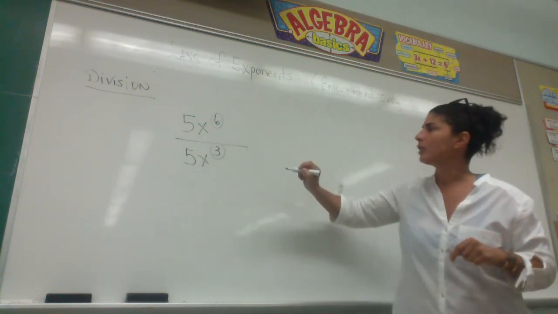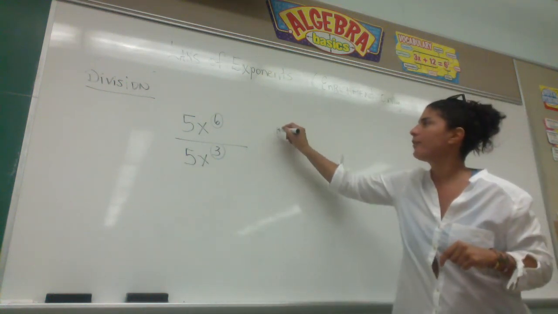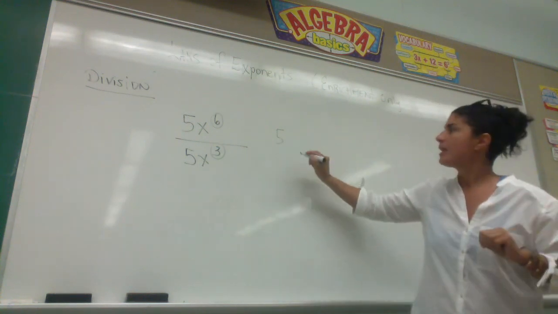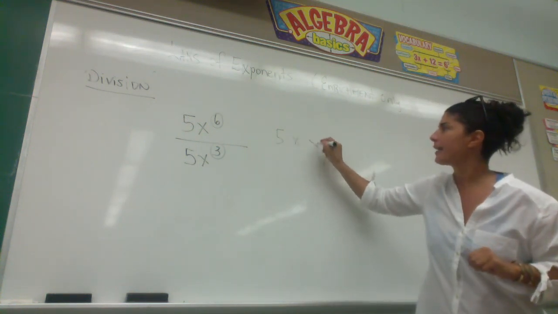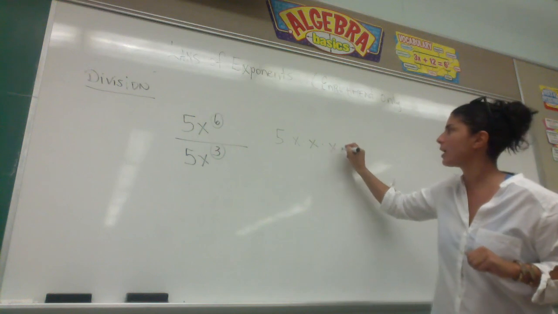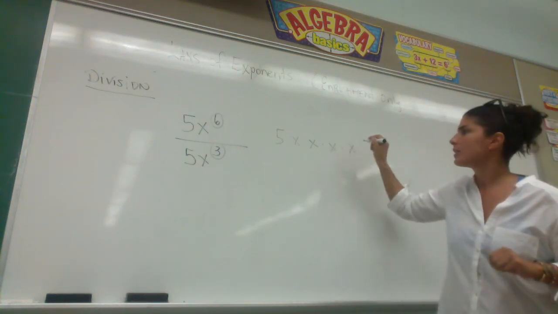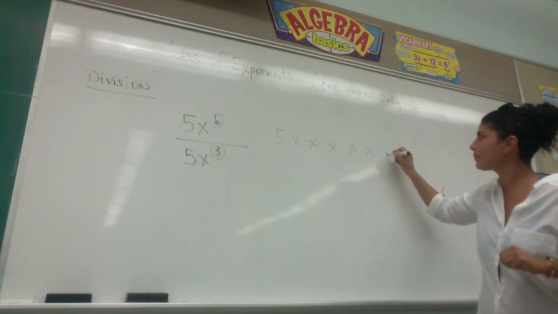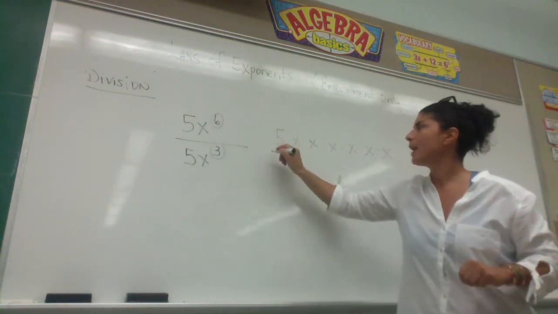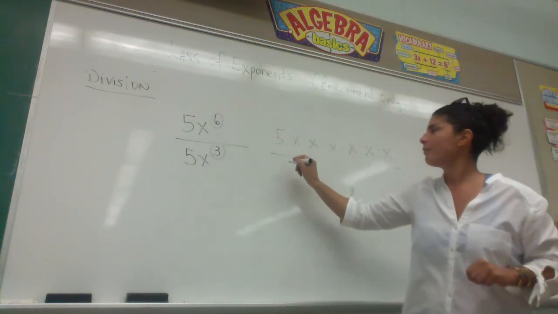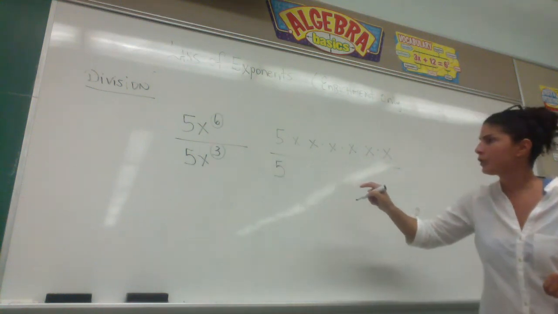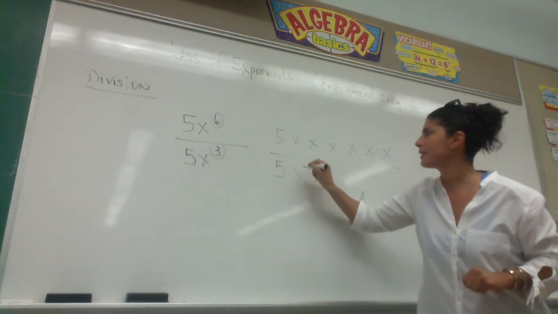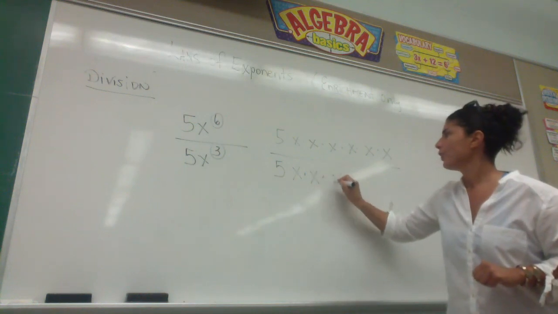Now, how does that look? Well, 5 is always going to be 5, and it would be x times x times x times x times x, 1, 2, 3, 4, 5, times x. I have 6. And over here, I'm going to have my coefficient of 5, and I have 3 x's. 1, 2, 3.